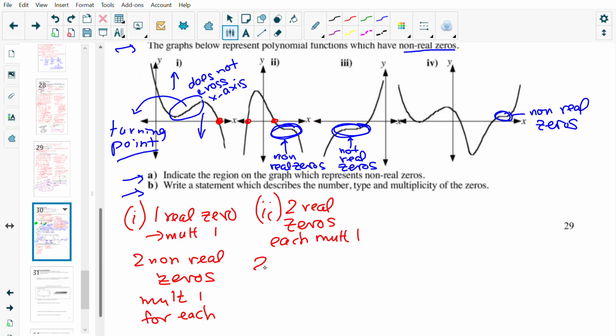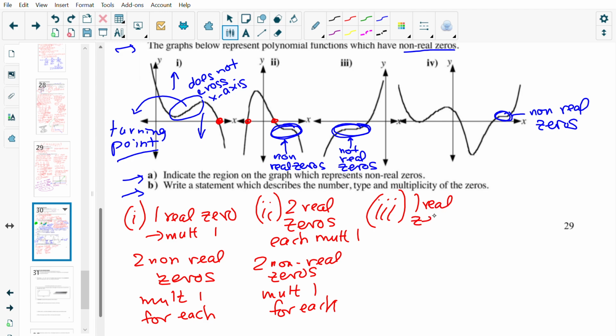Each has a multiplicity of 1, and then I have 2 non-real zeros, multiplicity of 1 for each.